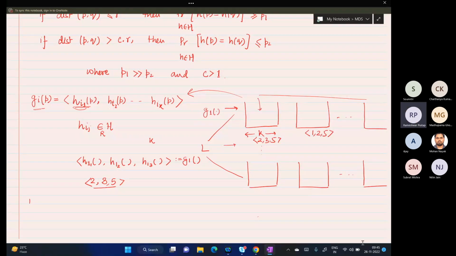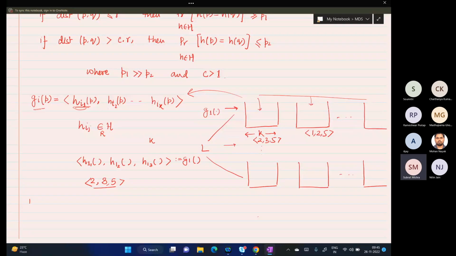So basically the ID of this bucket is 1, 2, 5. The ID of this bucket is determined by a three-dimensional vector, which is 1, 2, 5. And all those data points whose corresponding h11, h12 and h13 are 1, 2, and 5 respectively will be mapped to this bucket. And that's all.